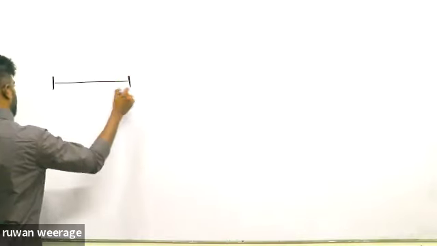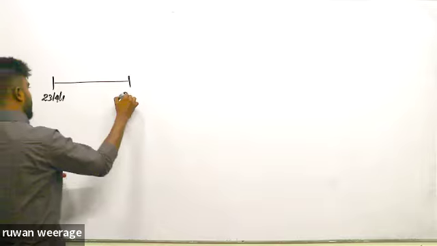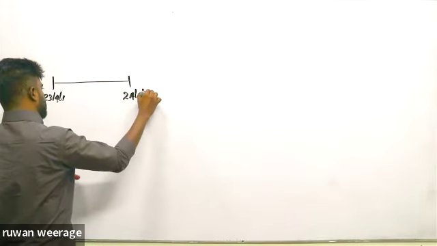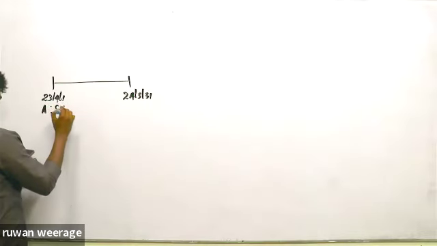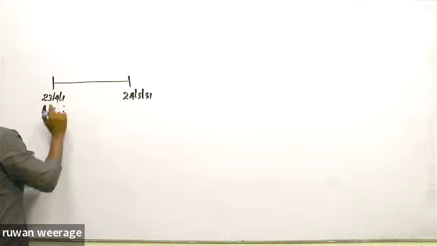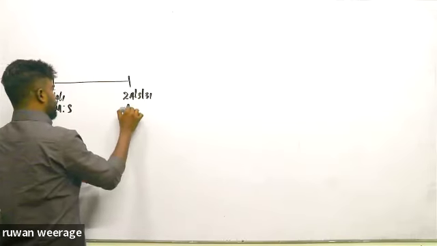Question number 3, part B. Amit, Malit, and Samit are in a partnership. Our accounting period is from 1st April to 31st March. There are 3 partners, Amit, Malit, and Samit.